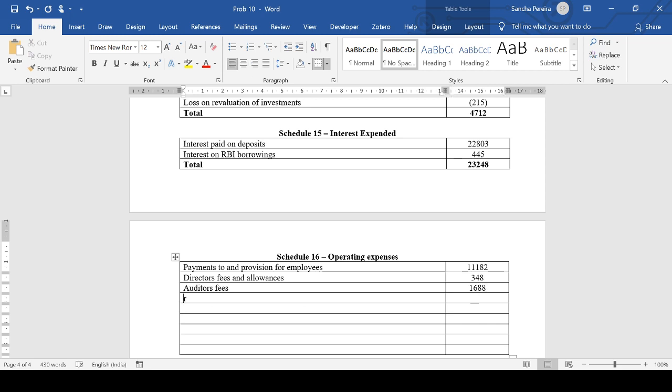Rent, taxes and lighting, 695. Printing and stationery, 186. Advertisement and publicity, 40.